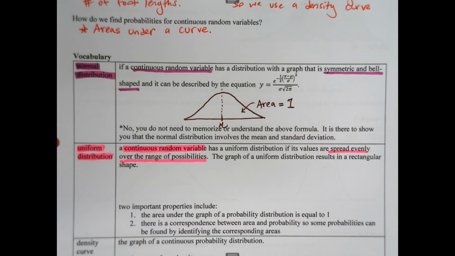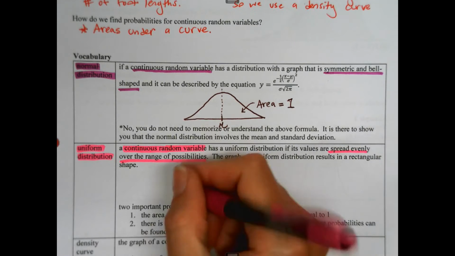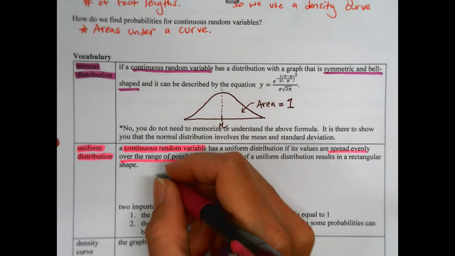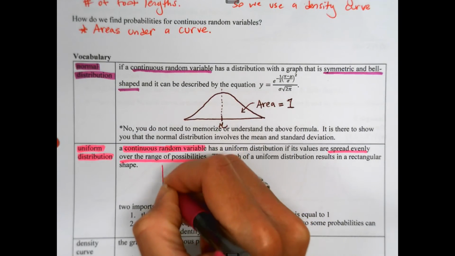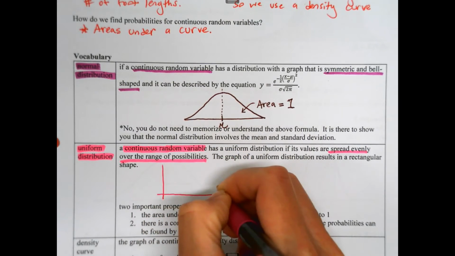The graph of a uniform distribution results in a rectangular shape. We saw uniform as a shape when we looked at histograms back in chapter 2. So it'll look something like this.